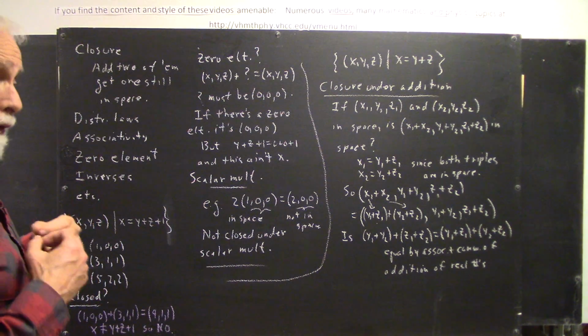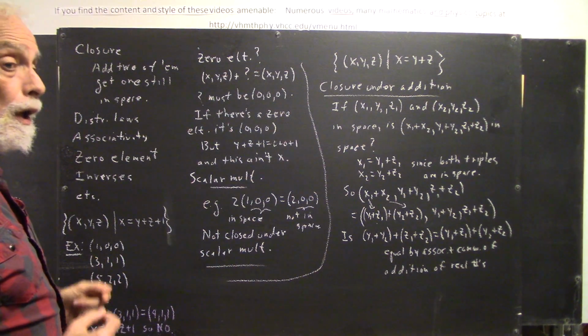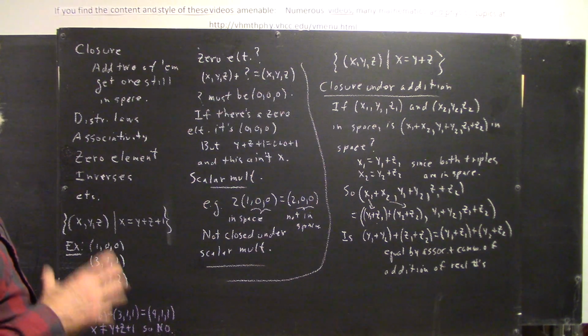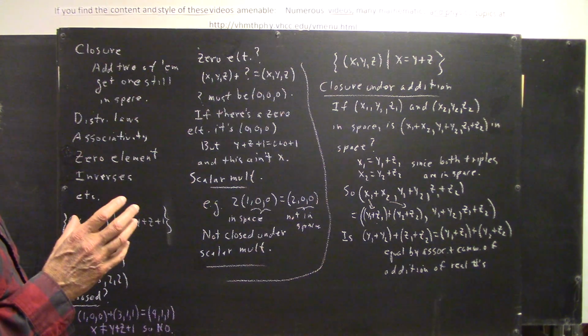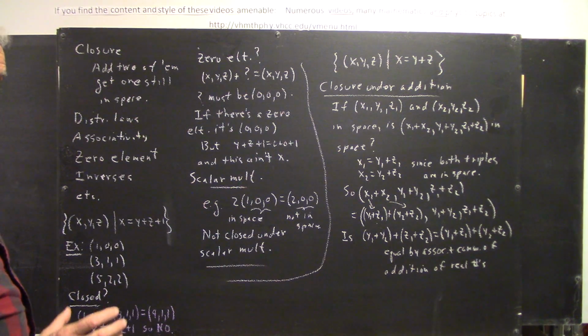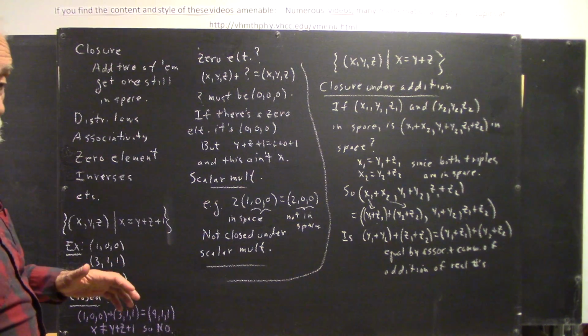You need, in doing the homework, to go down through all 10 and check each proposed vector space against each of the 10 properties. Now, that assumes that you do have a vector space.